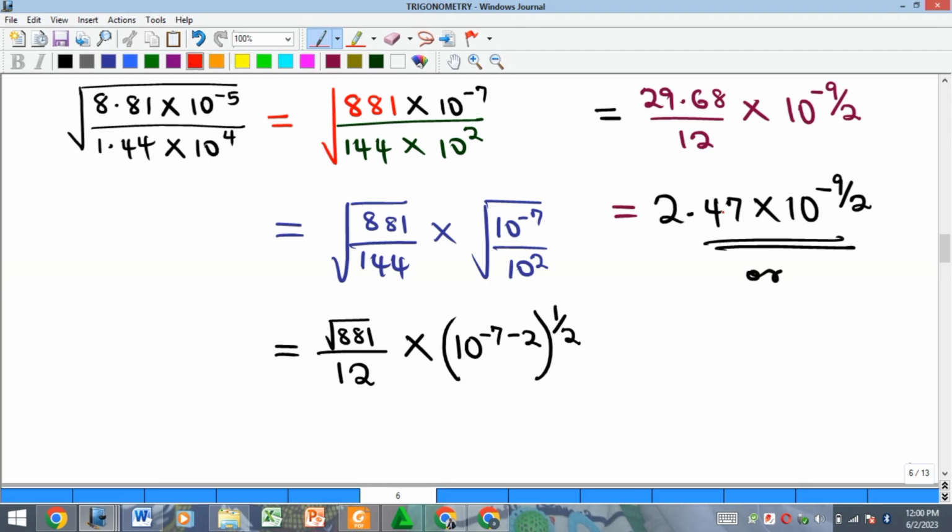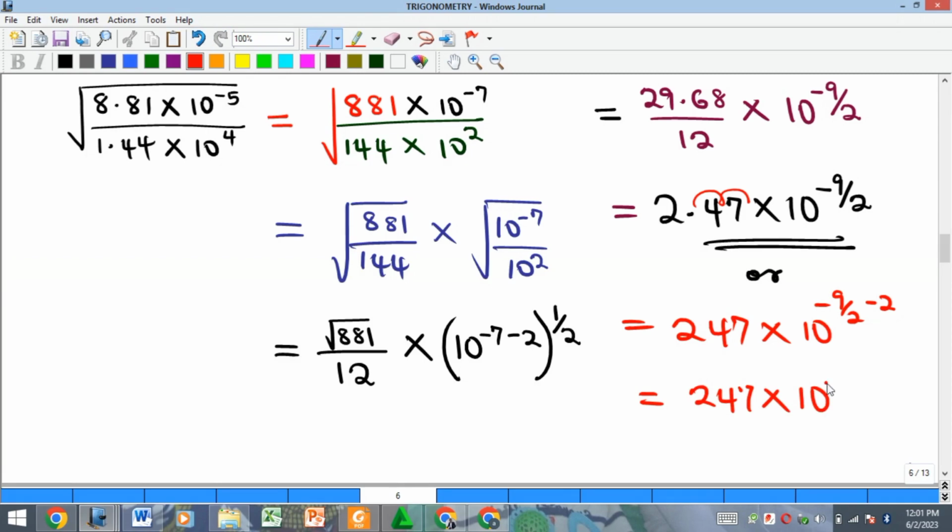That means I can take this two places, and if I do that, I'm going to have 247 multiplied by 10 raised to the power of minus 9 over 2 minus 2, and by the time you simplify that, you will have 247 multiplied by 10 raised to the power of minus 13 all over 2, if you do it well, and that's also a solution.